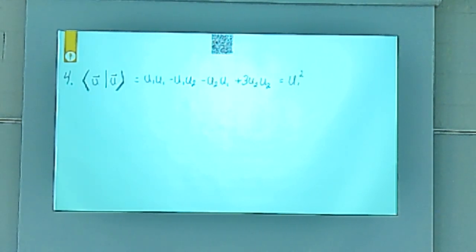Final axiom. Take the inner product of U with itself. But U1 times U1, just U1 squared, right?